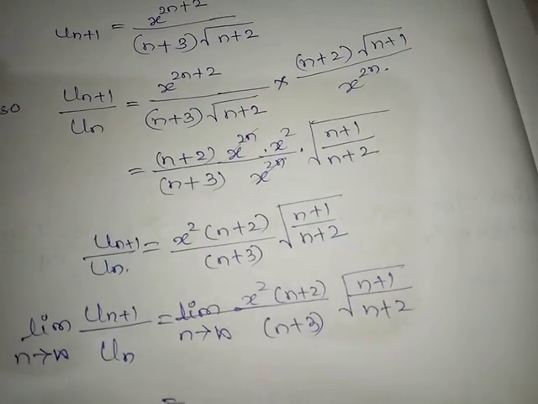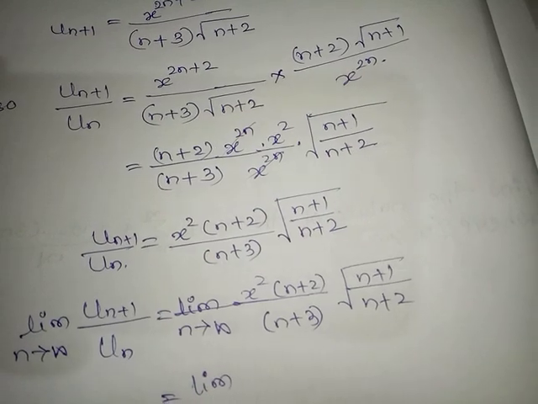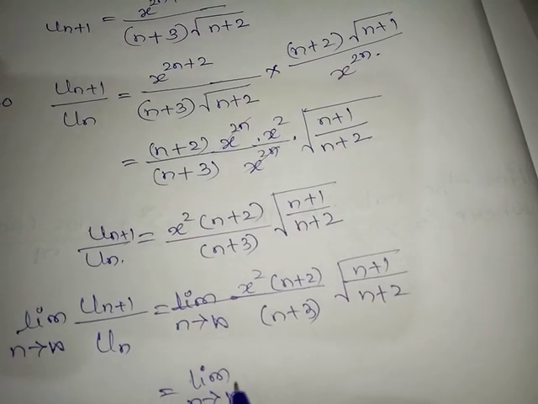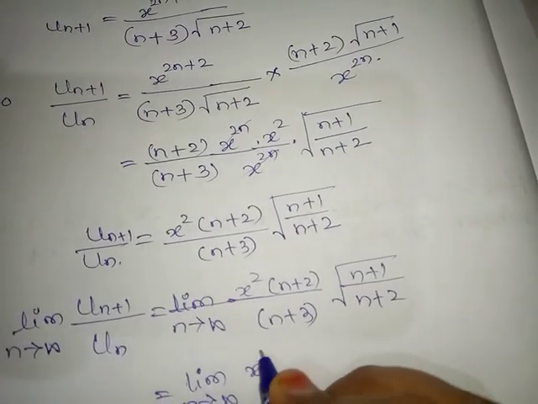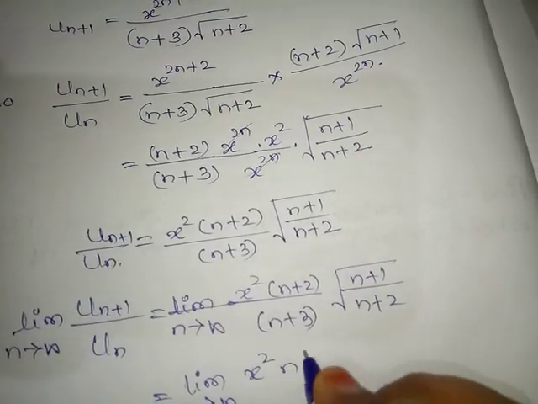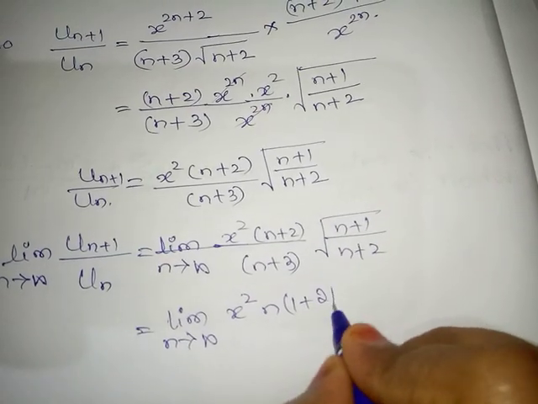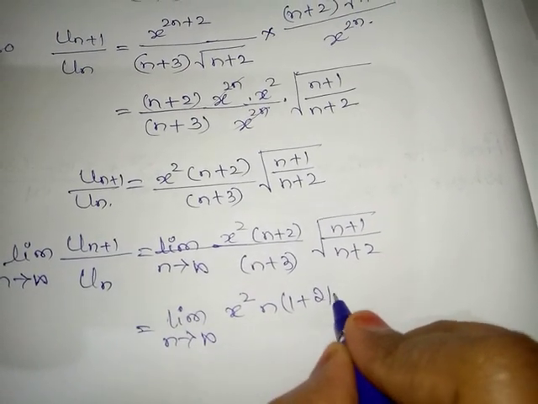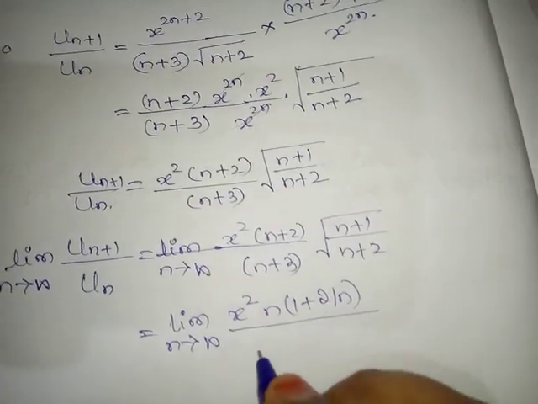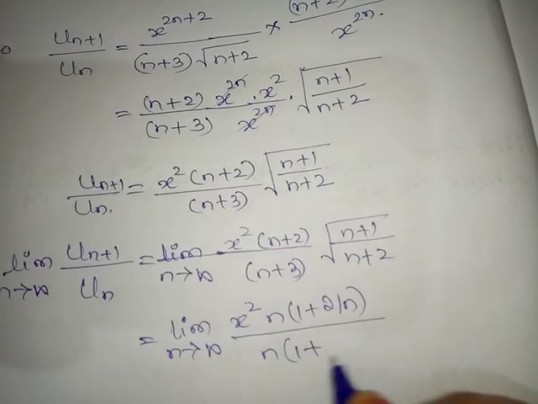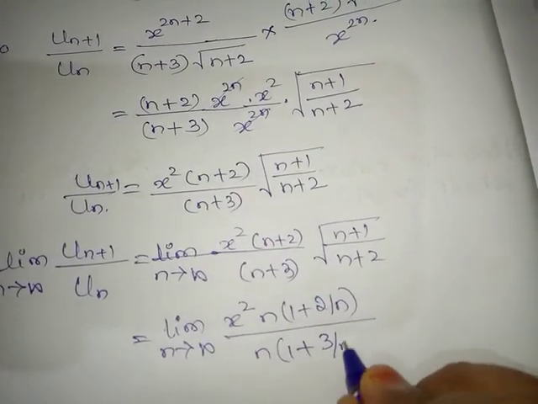Now to avoid the infinite value after applying the limit, I will write like this: x square as it is, take n common, it will be n into 1 plus 2 by n divided by n into 1 plus 3 by n.